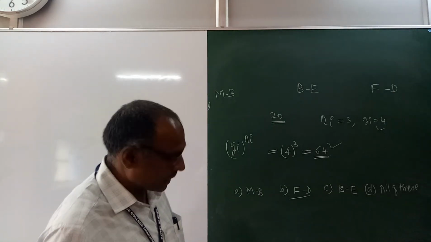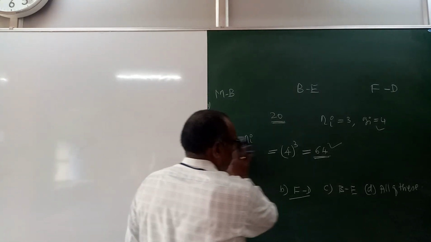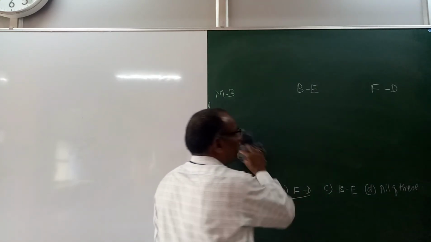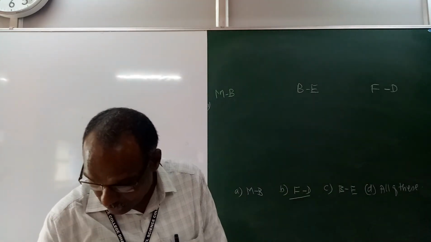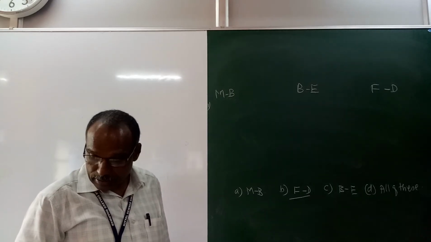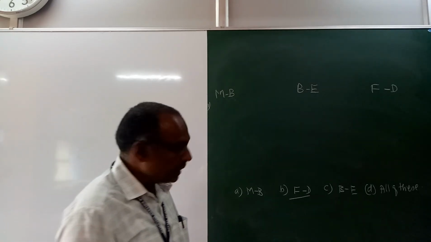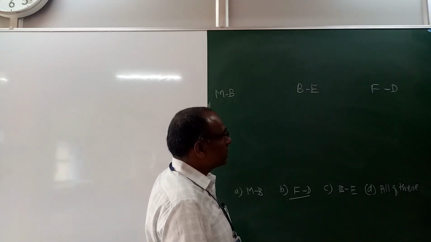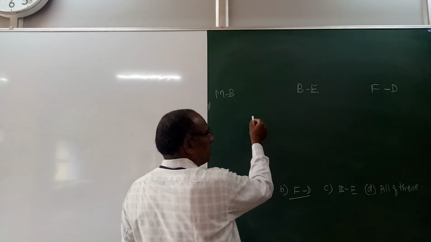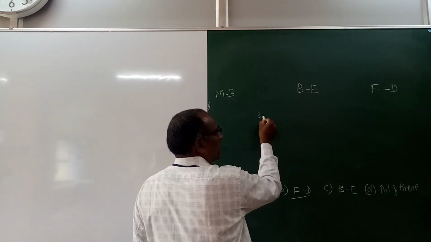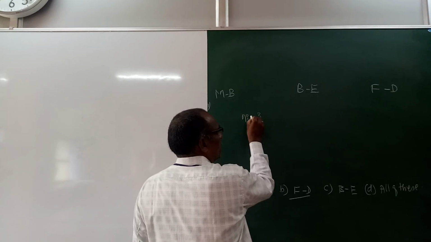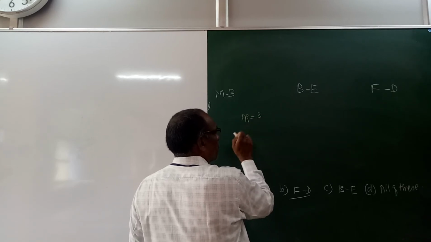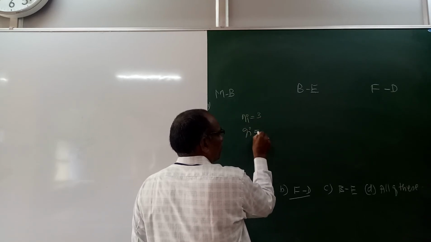Say, according to FD statistics, I will frame a question here. According to FD, that is Fermi-Dirac statistics, 3 particles can be distributed in 4 energy states, meaning cells. 3 particles, that is Ni is equal to 3 and Gi is equal to 4.